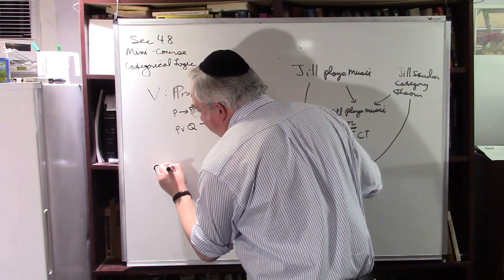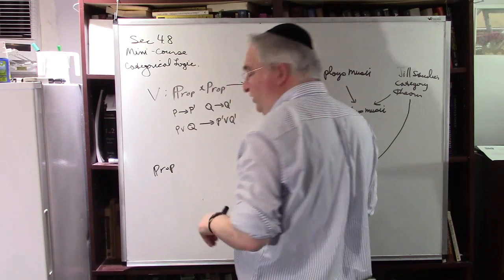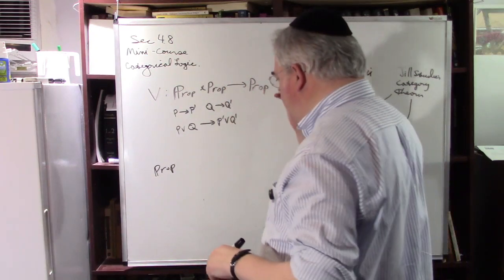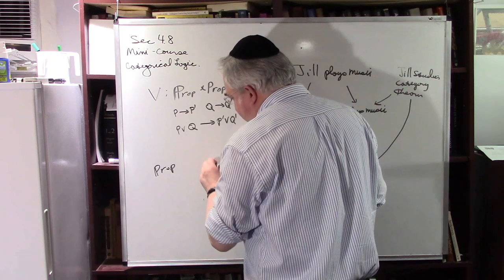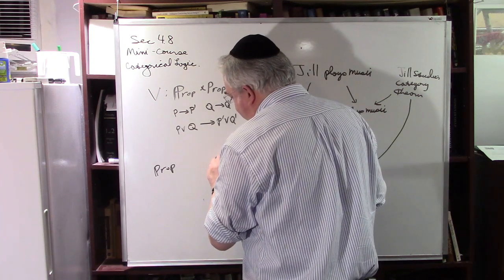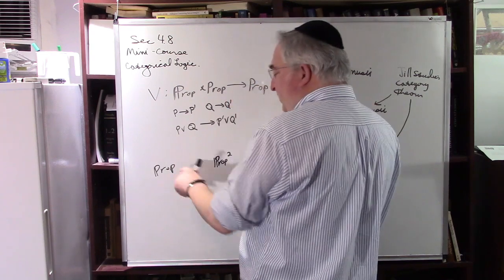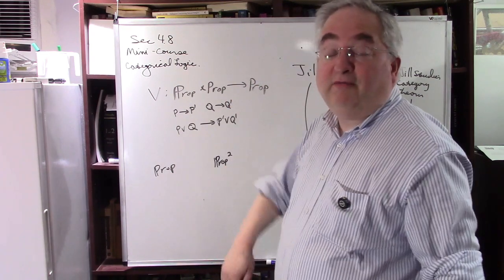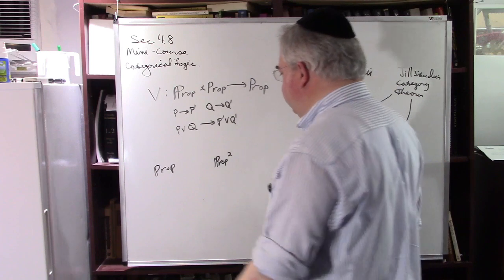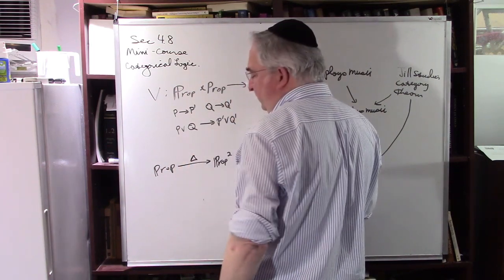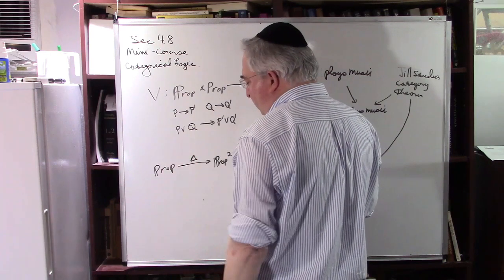Let's put it all together. We've seen this diagram before when we were talking about products and coproducts. Here's the category of prop. Here's the category of pairs of propositions. And there's the codiagonal map. Takes everything to its codiagonal.